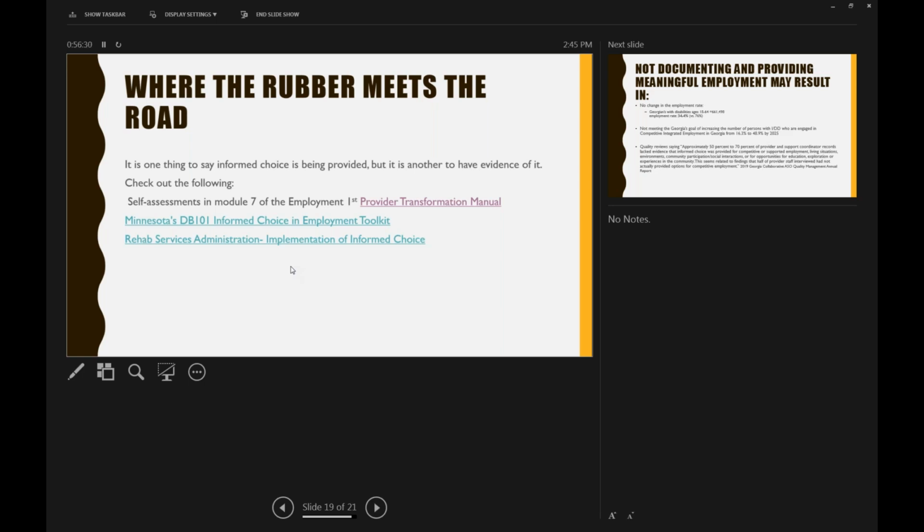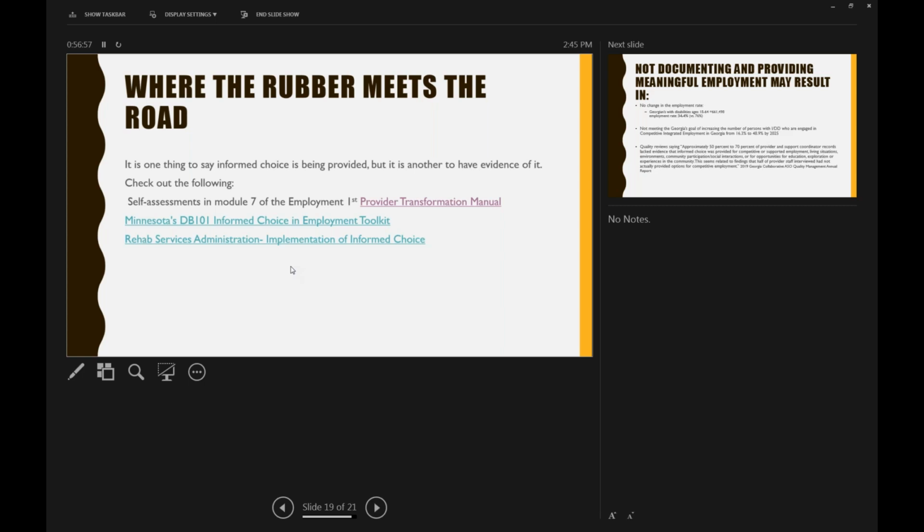They have a resource about best practices related to success in employment through DB101. They also have a toolkit to support informed choice, with questions and examples of actions that can be taken to address informed choice. So I highly recommend you check that out.